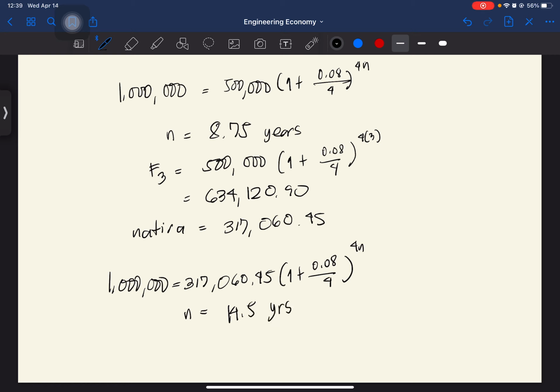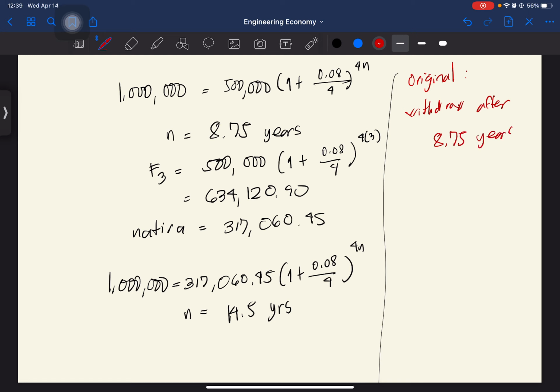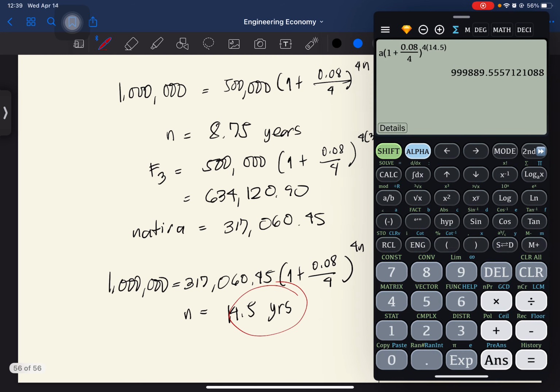Okay? So kung kukumpitin natin, ang original plan mo, withdraw after ilang years yun? 8.75 years. Ngayon, dahil nagkaroon ng emergency, 3 years plus 14.5 years.